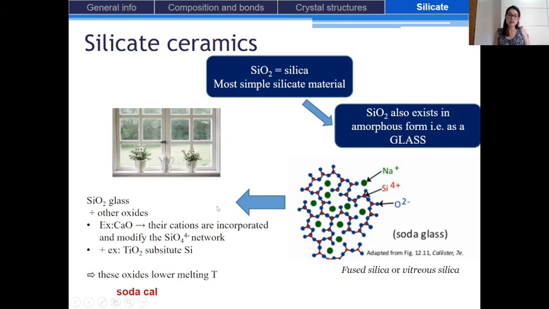The addition of this small amount of oxide has an effect on the melting temperature, since it is going to lower the melting temperature and will also decrease the viscosity of the glass, and it will be easier to form this kind of glass at low temperature. So this kind of composition is called soda-lime or soda glass in the jargon.